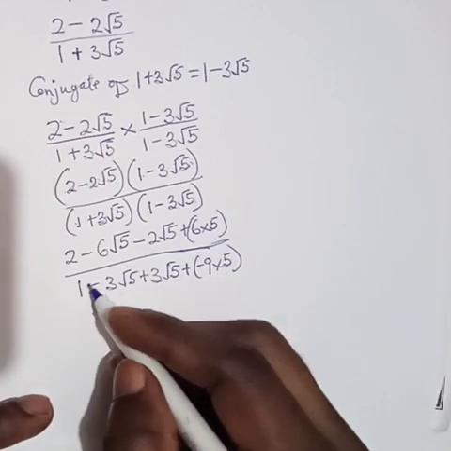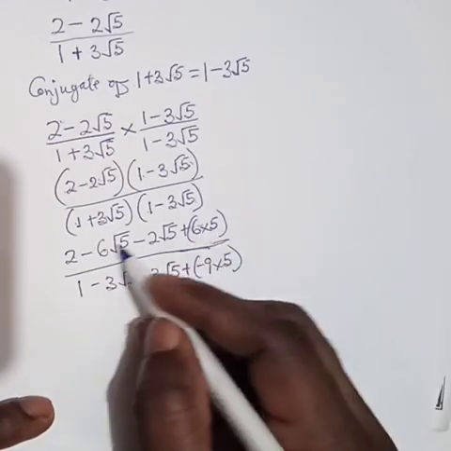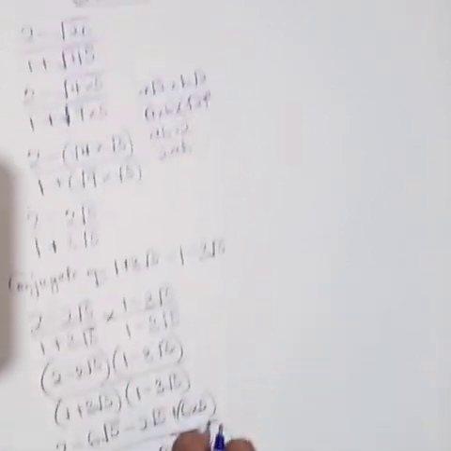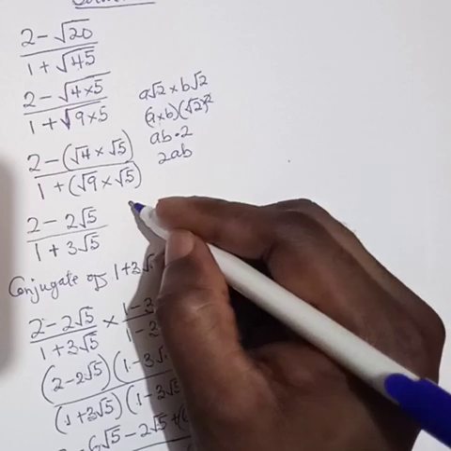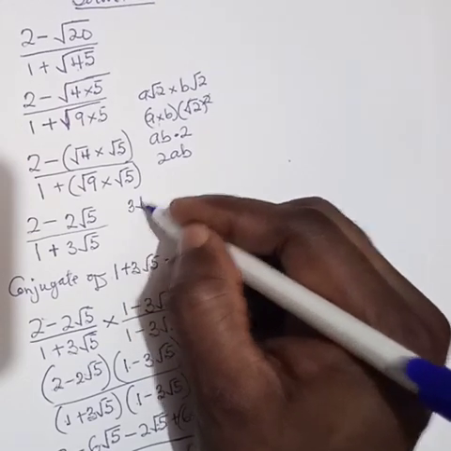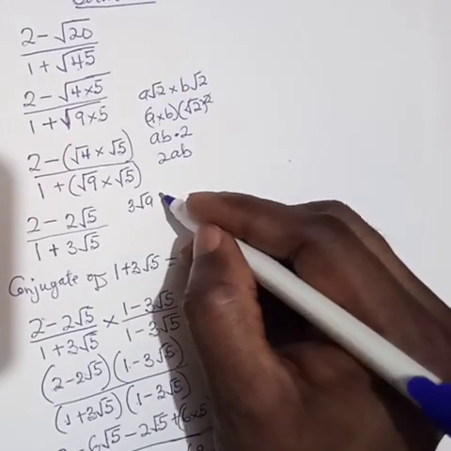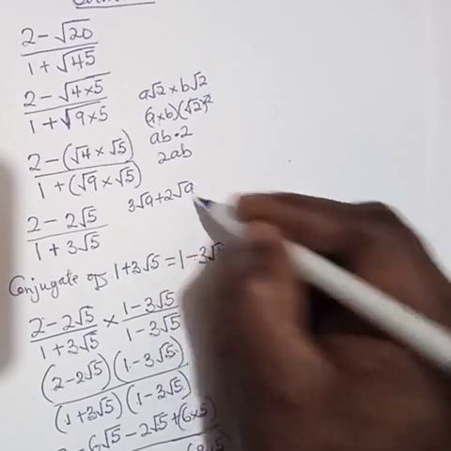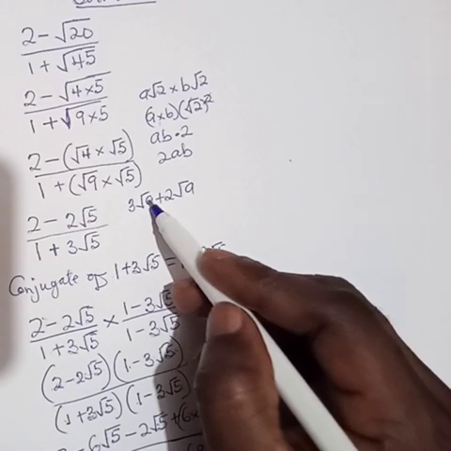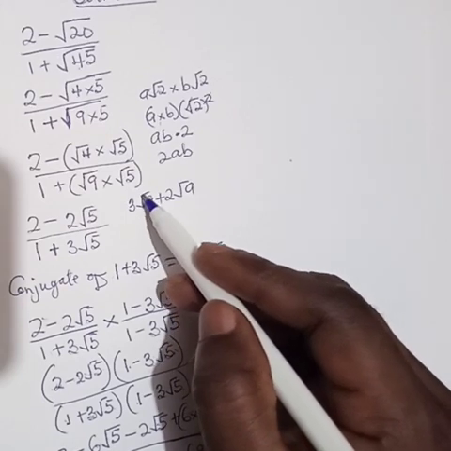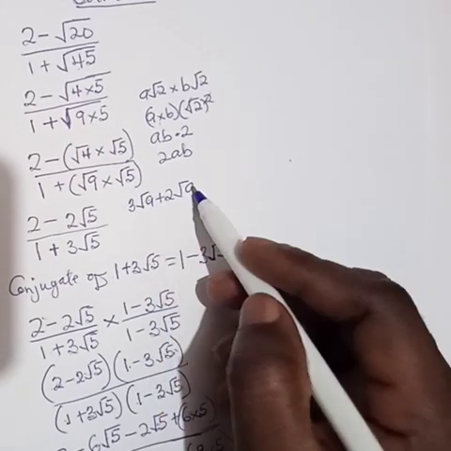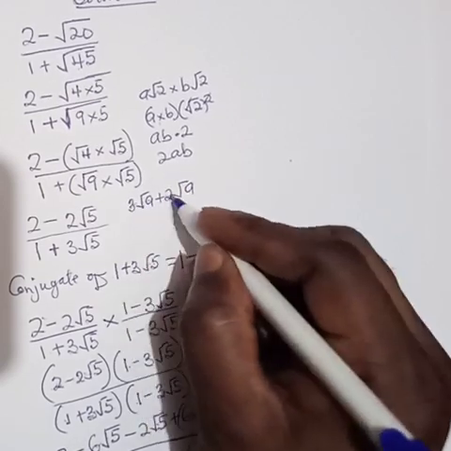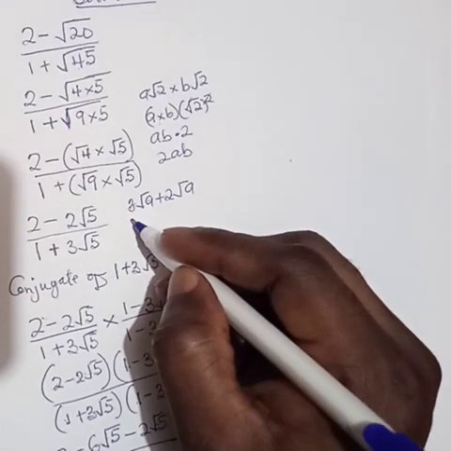So once we have this, this one, let's see, this and this are alike. Remember also one of the rules, if I have 3 root a plus 2 root a, because what is in the square root or the radical sign are the same, then I can just add. So I will just add the coefficients, which will give me 5.